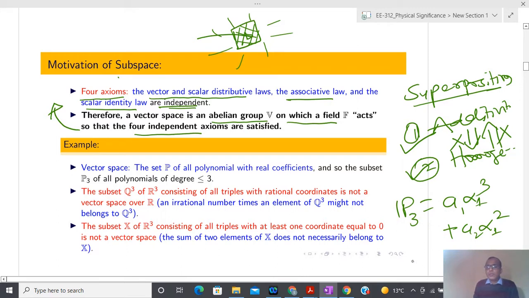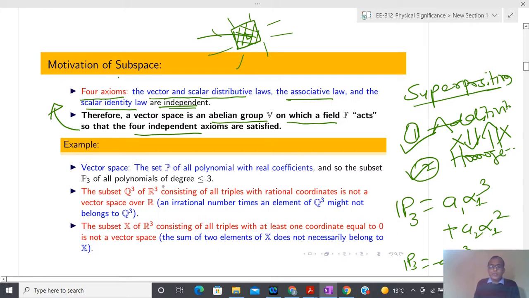What you can do is create another polynomial and put a1 alpha 1 cubed with a negative sign. Then, if you add them, the overall degree becomes less than 3, that is 2.